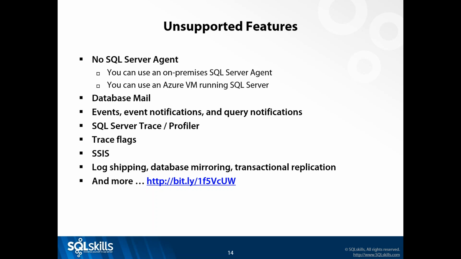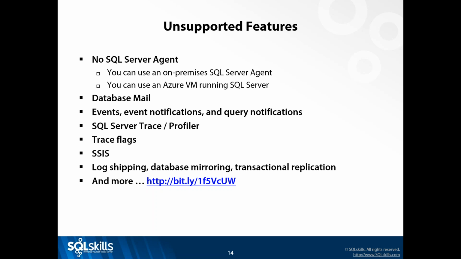Trace flags. So 3226, 1118, 1117, these things that we're used to when we build a SQL Server, we can't enable. That kind of makes sense. Most of these things, as we think about it, Azure SQL Database is really just database containers.